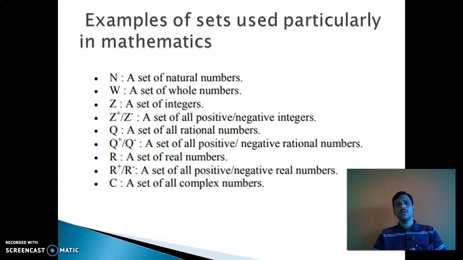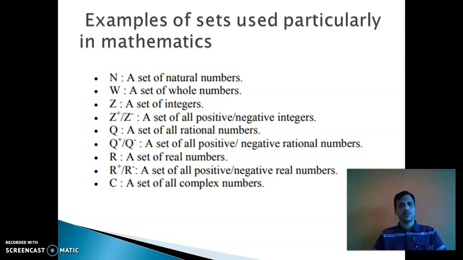Okay, examples of sets used particularly in mathematics. We know that capital N denotes the set of natural numbers. Capital W is the set of whole numbers. Capital Z is the set of integers. Z plus or Z minus, the set of all positive and negative integers. Q, the set of rational numbers. Then positive rational numbers or negative rational numbers are denoted by Q plus or Q minus.